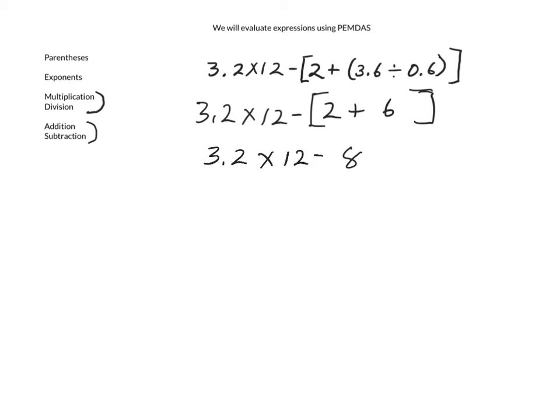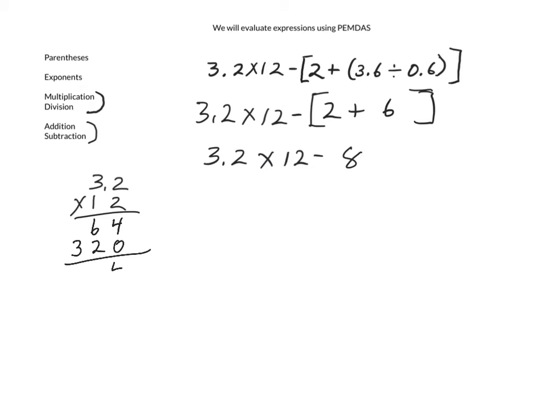Now our next operation is multiplication and division. So now we say 3 and 2/10 times 12. So here's 3 and 2/10 times 12. 2 times 2 is 4. 2 times 3 is 6. Then we look at the tens column. 1 times 2 is 2. So we put the 0 down and put a 2 in. 1 times 3 is 3.